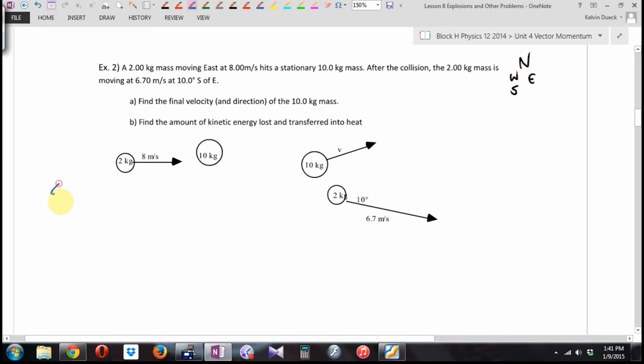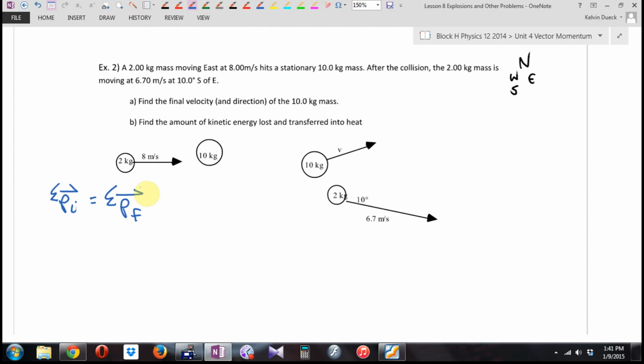So the sum of all the momentum before equals the sum of all the momentum after. Looking at this wonderfully artistic picture, let's call the 2 kilogram mass mass 1 because it's the first one that appears. The 10 kilogram mass will be mass 2.